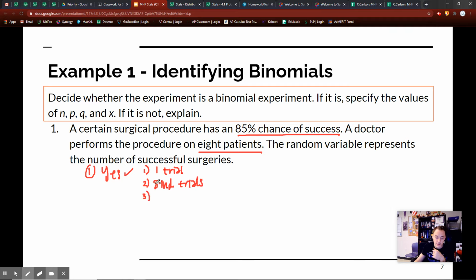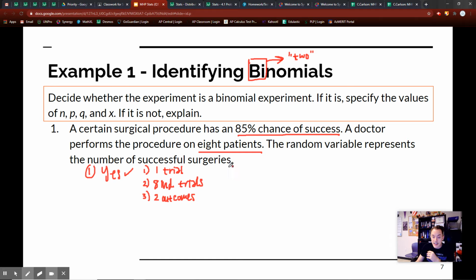Okay? And then 3, it has 2 outcomes. So this is what it means to be binomial. Remember, bi means 2. Okay, so that means 2 outcomes. That's why we call it a binomial experiment. If it doesn't have 2 outcomes, then it's not a binomial experiment. So if it's 2 outcomes, binomial experiment.